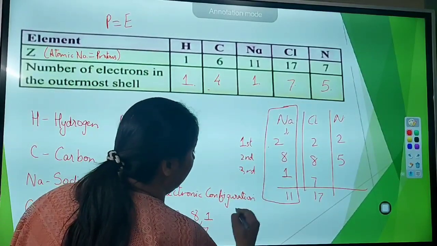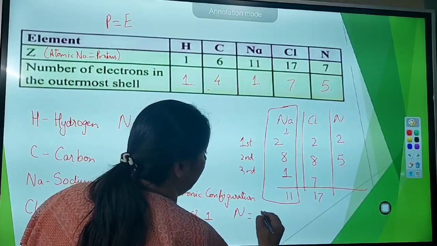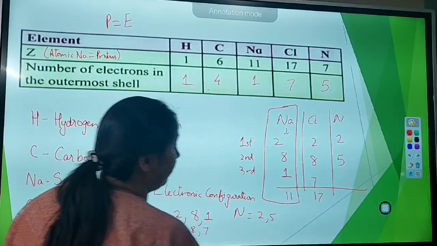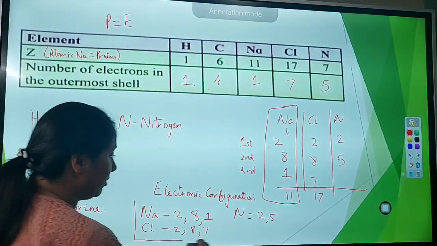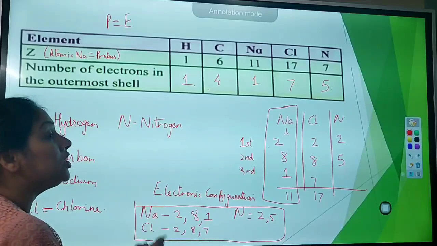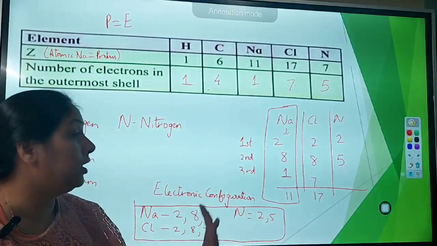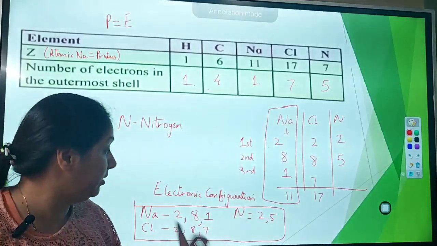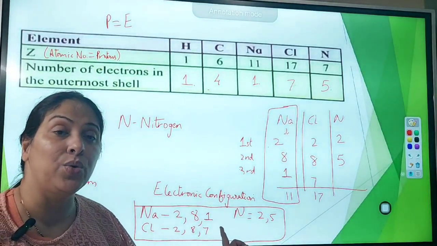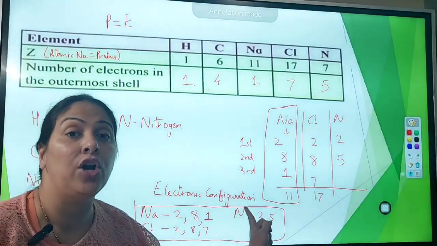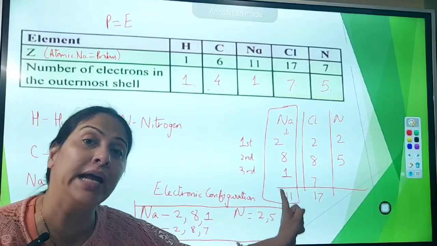When I look at nitrogen, I write it as 2 and 5. This format where you are distributing your electrons as per the shells is known as the electronic configuration of that atom.